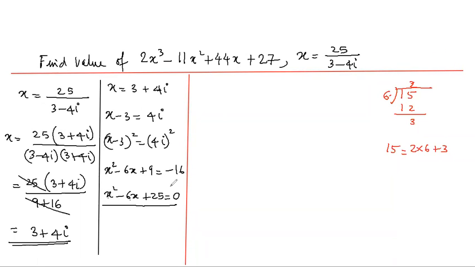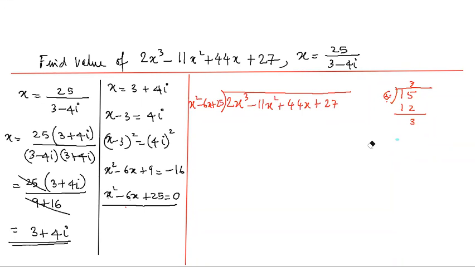So how will I do that? If I want to write this in terms of this, I must divide 2x cubed minus 11x square plus 44x plus 27 by x square minus 6x plus 25.